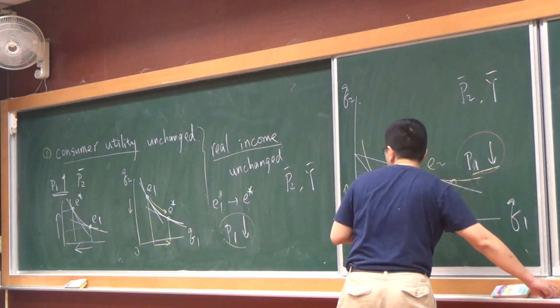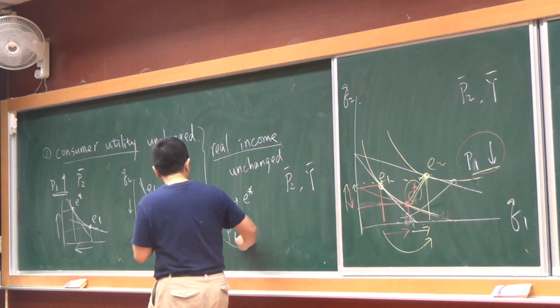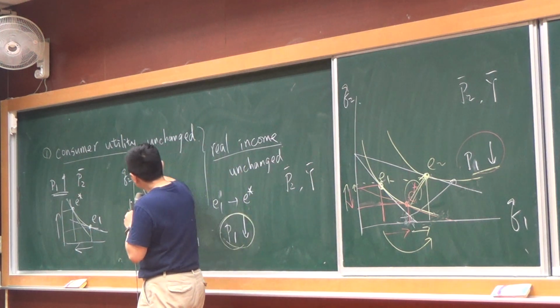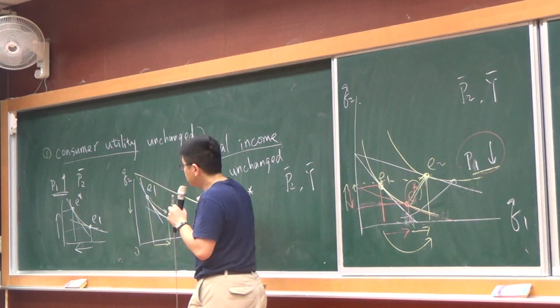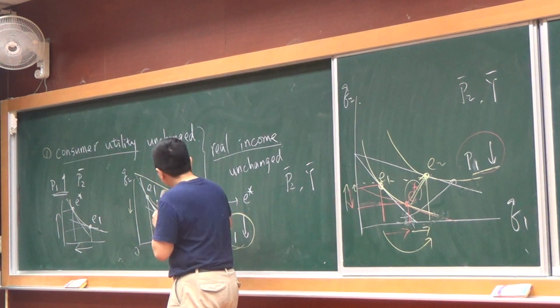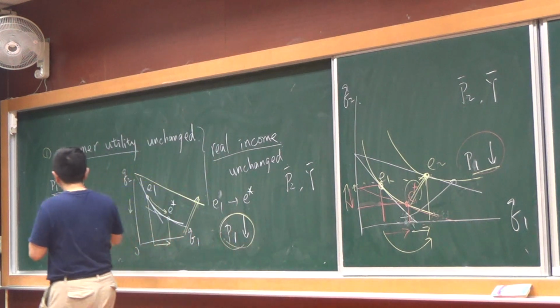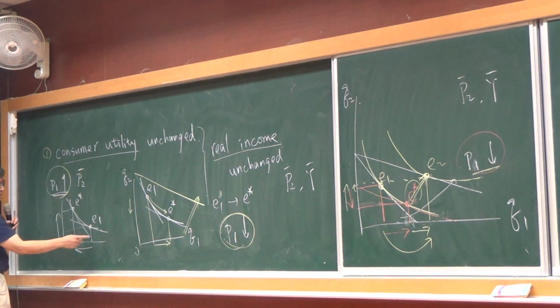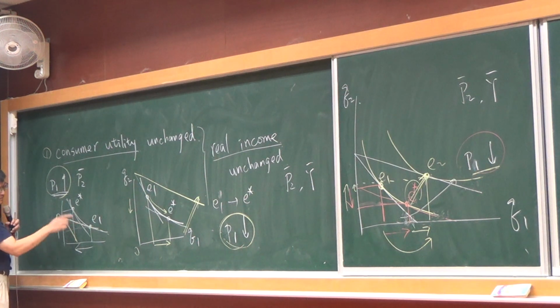So in this case, when P1 drops, the price effect will look like this. Your real income must be increased. Because P2 is constant, the vertical intercept is unchanged.